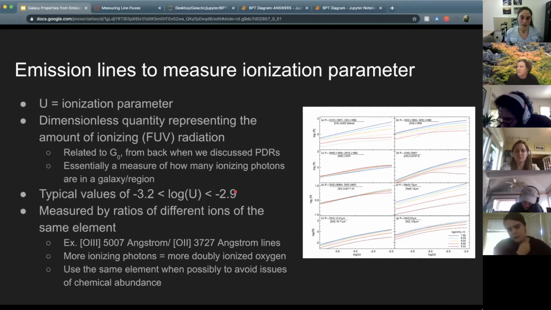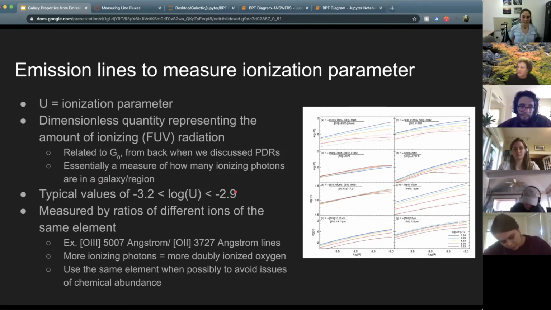So typically you'll see U displayed as a log, with values of -3 to -2.9, with higher values being more ionizing radiation. So more ionizing radiation, U is higher. There's more FUV radiation in your region. To measure U, instead of using the same ion, we'll use ratios of two different ions of the same element.